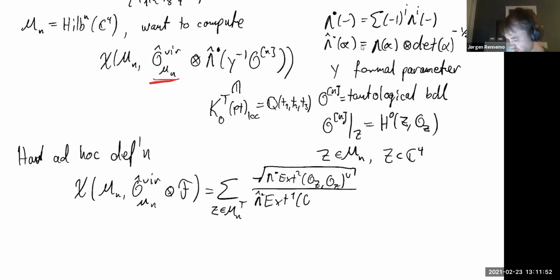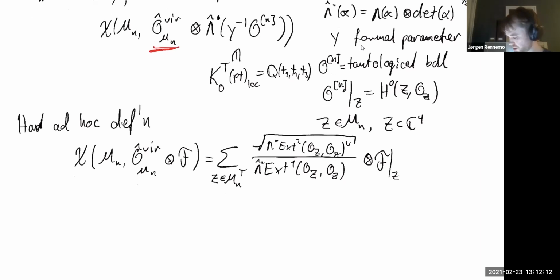So these are now both T representations. So thinking of them as T representations or as Laurent polynomials in the t_i, we get this.